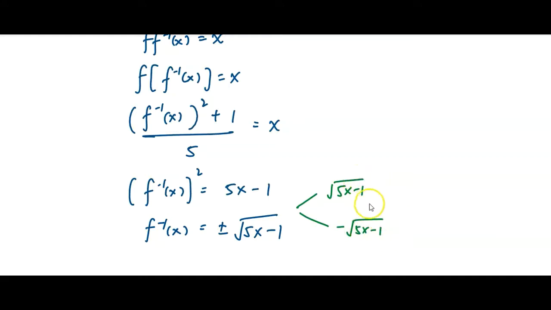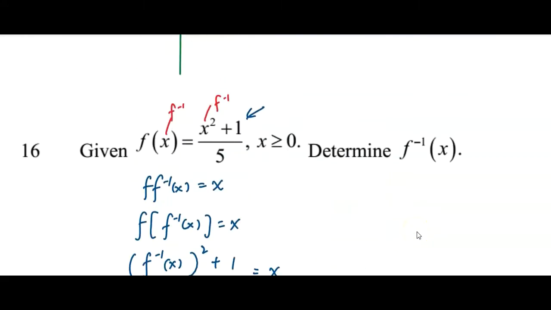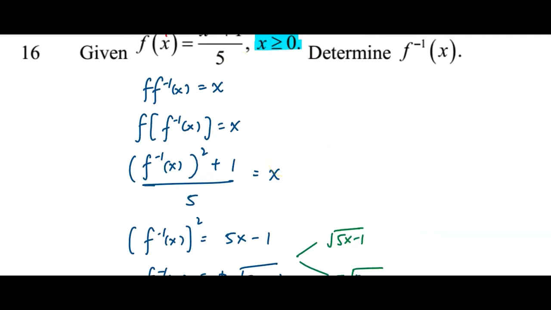And now we're wondering which of the functions to choose as our f inverse. We have to consider the domain that is given. Before this, I made a video showing how to find the inverse for the quadratic function. We are going to consider the domain of f, because the domain of f is equivalent to the range of f inverse.